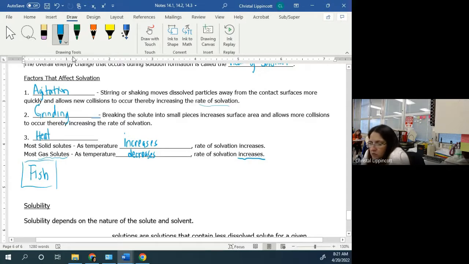They use gills, but what chemical are they bringing in? Oxygen, okay? So they're getting oxygen just like us. Where do they get that oxygen from? Do they take a water molecule and split it apart and pull that oxygen off? No, they do not.